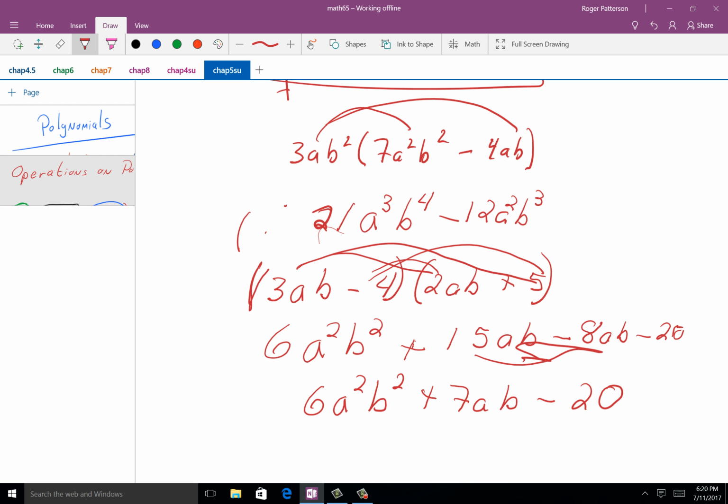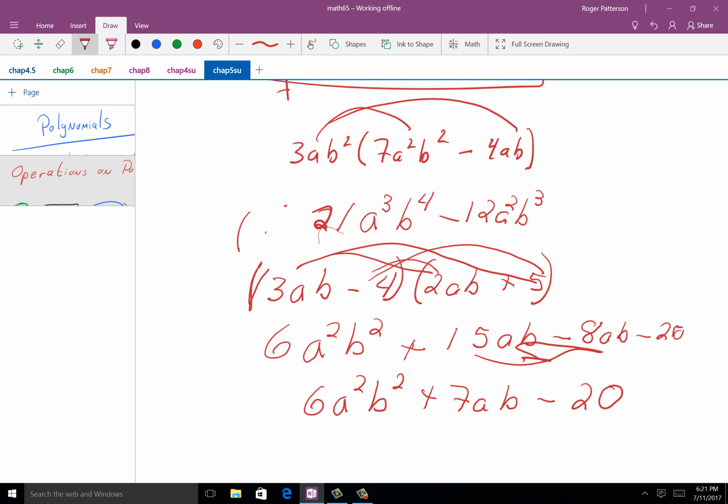Alright, so when you're FOILing, you just go with your exponents and add them and combine them like that. So there really isn't anything in there that's different conceptually from what we were doing last week. It's just they're throwing some extra variables in there. Okay.